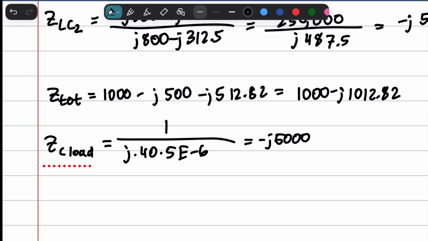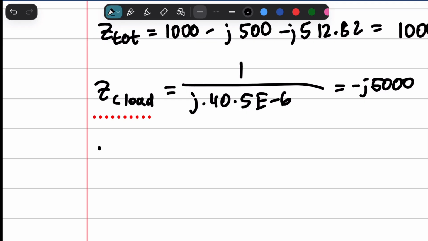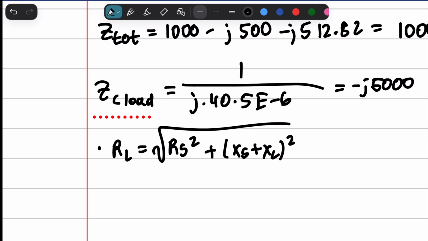Okay. And now we're going to use our optimization rule for, we know that the RL is changing, and we know that we have an XL, so we're going to use RL is equal to the square root of RS squared plus XS plus XL squared.